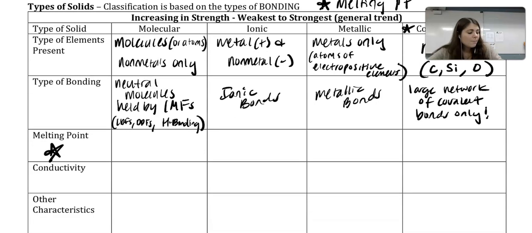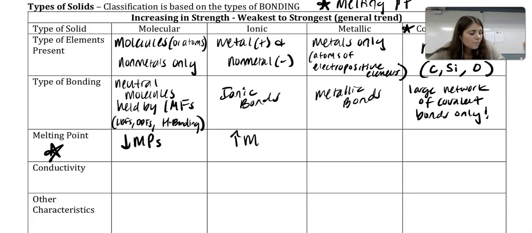Melting points. We have low melting points for molecular, okay? And one thing to note is you'll generally see our molecular solids or liquid or gases at room temps. Their melting points are so low that you'll need to freeze them when we're at a room temperature situation.